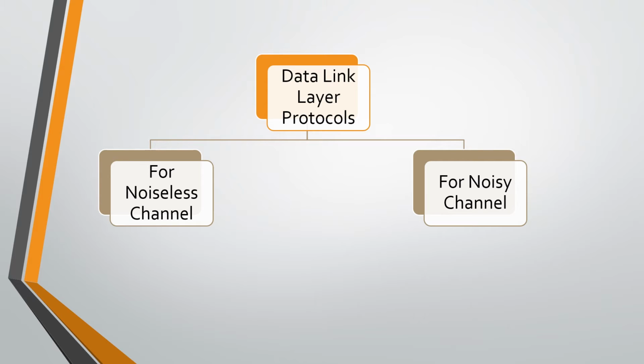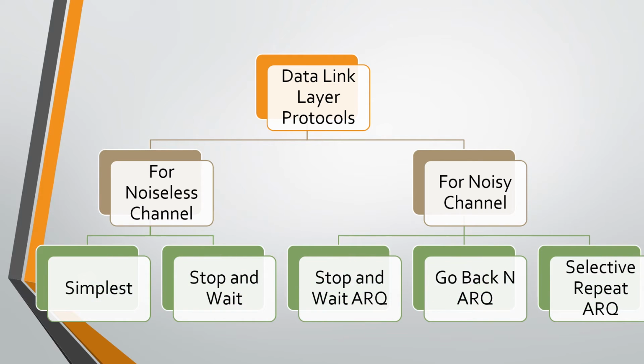All protocols discussed in it are unidirectional, that is, data frames travel from sender to receiver. The subtypes for the noiseless channel are the simplest protocol and the stop and wait protocol. For the noisy channel, they are the stop and wait ARQ protocol, the go back N ARQ protocol and the selective repeat ARQ protocol, which will all be discussed one by one.